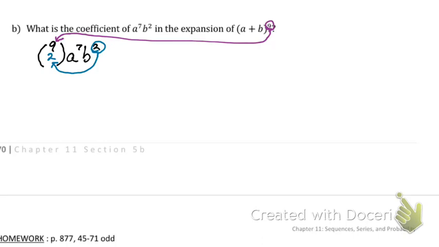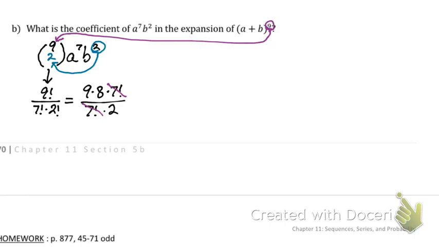Well, 9 choose 2 is just going to be 9 factorial divided by 9 minus 2, which is 7 factorial, times 2 factorial. Well, that's going to equal 9 times 8. Let's do the whole steps. Times 7 factorial over 7 factorial times 2 times 1, which is just 2. Our 7s cancel out.